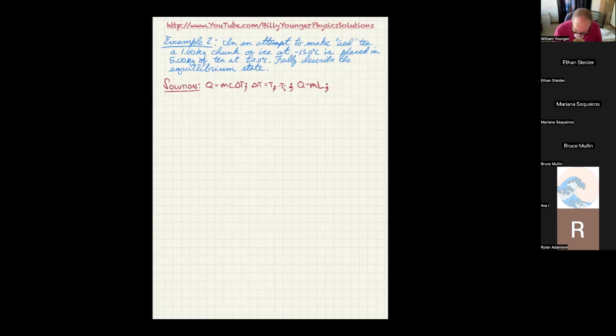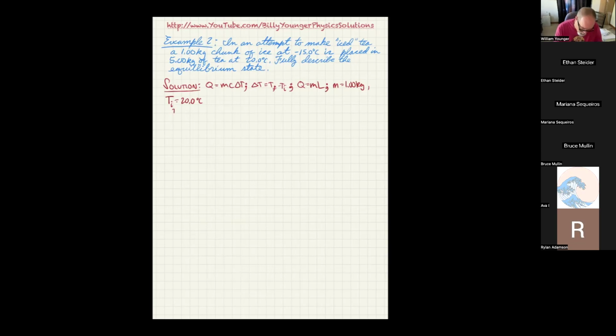So we know the mass is 1.00 kilograms. And then we know that the T initial is equal to 20.0 degrees Celsius. We're going to say it's iced tea, but in principle, if you start adding a bunch of sugar, things get kind of dicey. But if you're just adding a tea bag or whatever, it doesn't change too much from water, so we can treat it just like water.